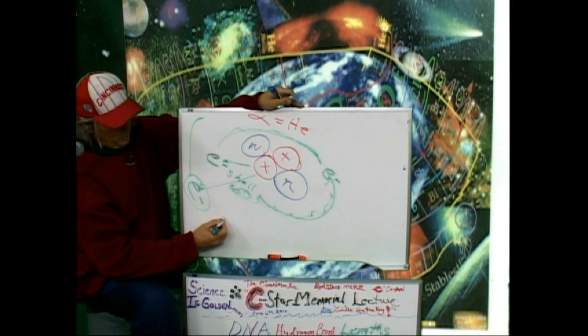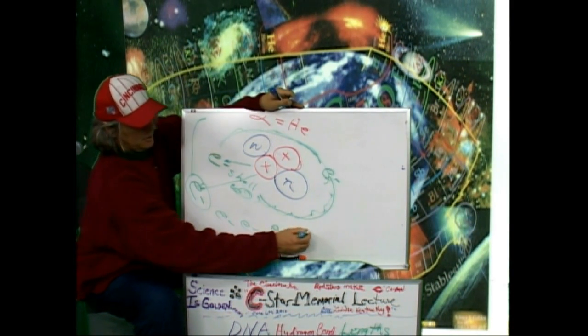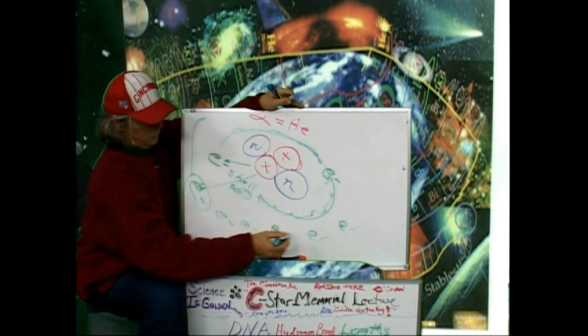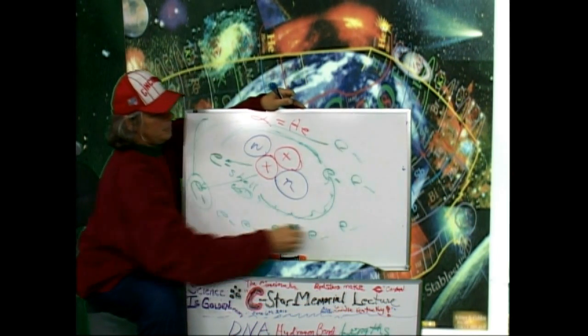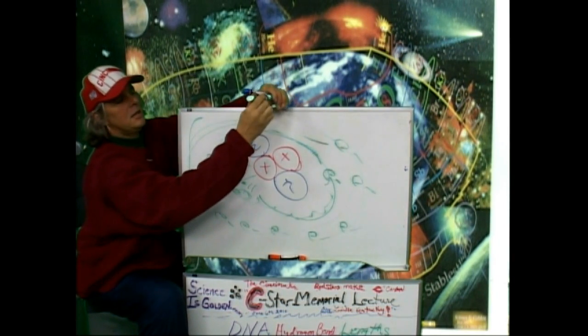So what we find is that 8 of them forms the next shell. 1, 2, 3, 4, 5, 6, 7, 8 electrons. That forms neon.